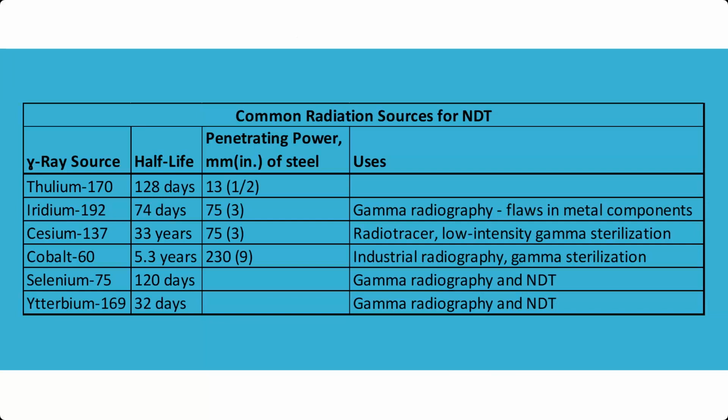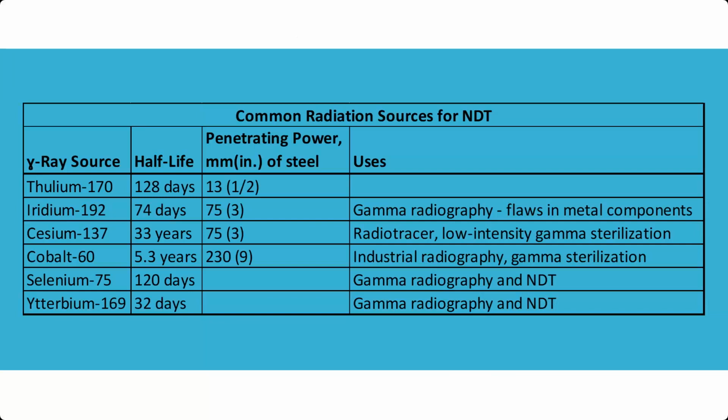And so you have to keep in mind that you have to track when the material was created, or when it was new, and how much radiation it is currently giving off. Because you may have to adjust as a material goes through those half-lives, as your gamma source ages, you may need to expose your test piece longer in order to get the same amount of radiation, the same amount of exposure on your film.